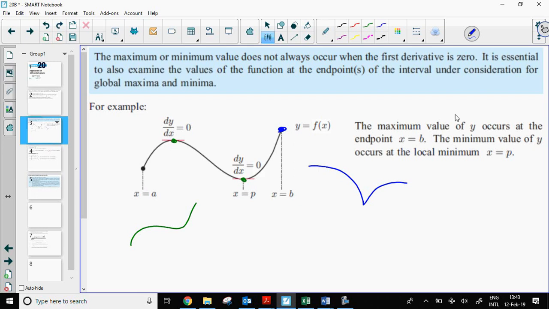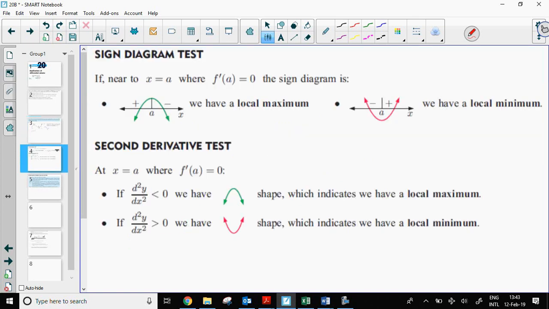Our plan, once we find those particular x values where the first derivative is equal to 0 or maybe doesn't exist, the way we're going to identify whether that point is a maximum or a minimum or simply a stationary point of inflection is to do one of two things, and it's your choice how you want to approach this. You're either going to use what I learned as the first derivative test.